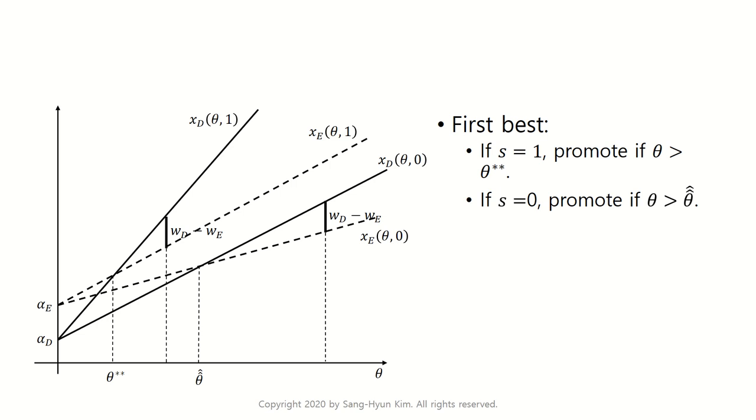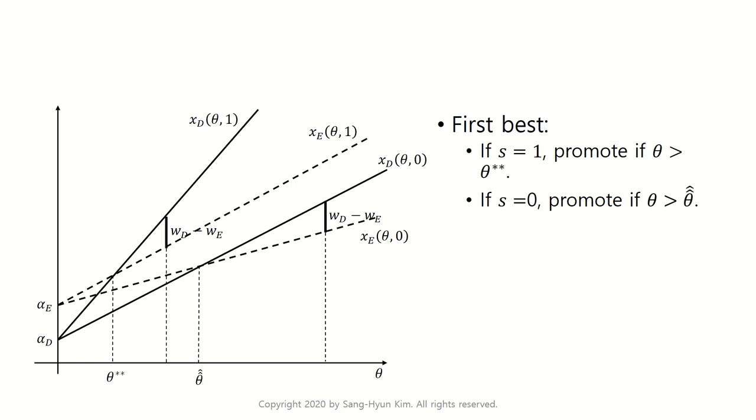If WD minus WE is 0, then X star will be the same as X double star. And if WD minus WE is 0, then theta hat will be theta double hat.